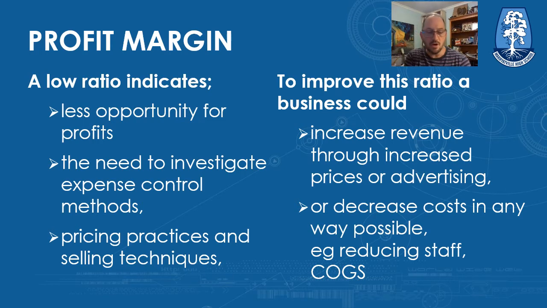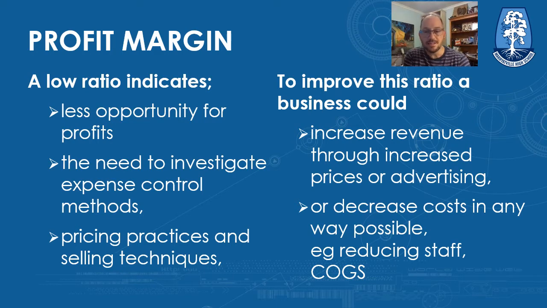A profit is derived from revenue less expenses. If profit is too low, one half of the equation is expenses, and expenses could be too high. A wise man once said you can always cut 5% from expenses, no matter where your expenses are at. And so you would need to investigate your expenses and methods of control.